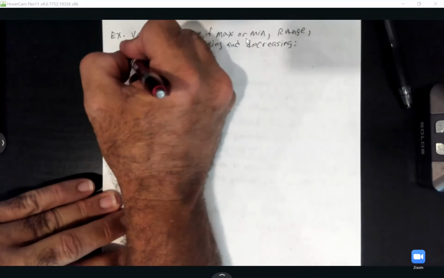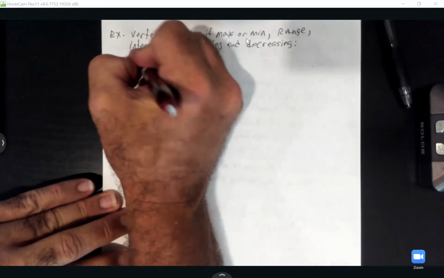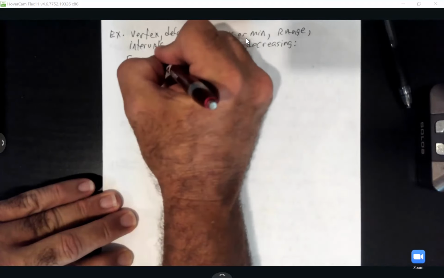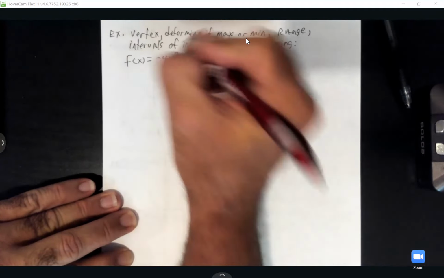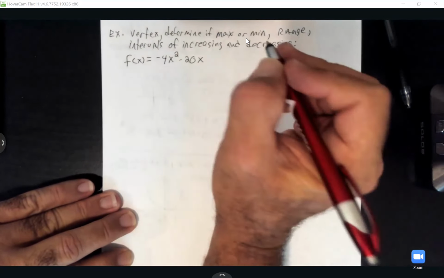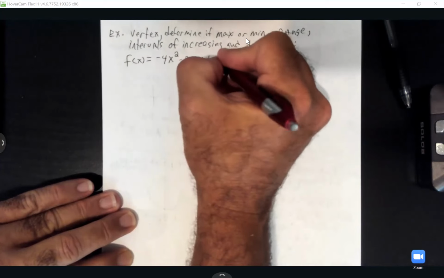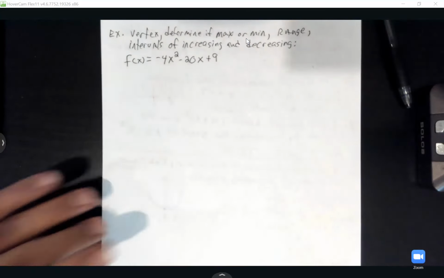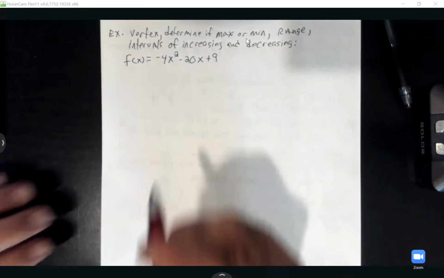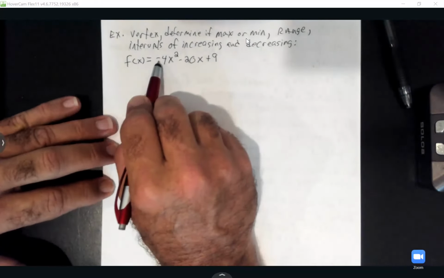All right, y'all, but look, this time I'm going to have f of x equals -4x squared minus 20x plus 9. And y'all, the whole trick on these to me is just being able to find that vertex. Now notice here, this is negative.